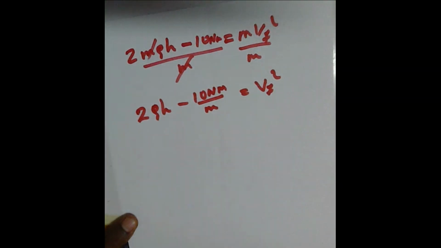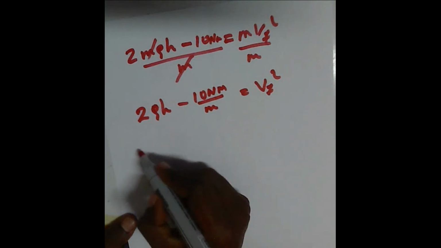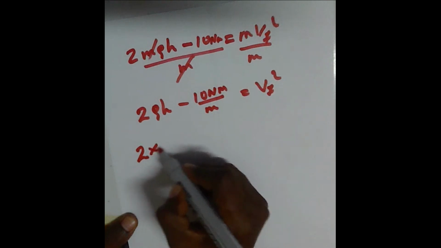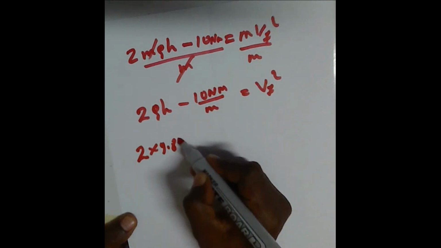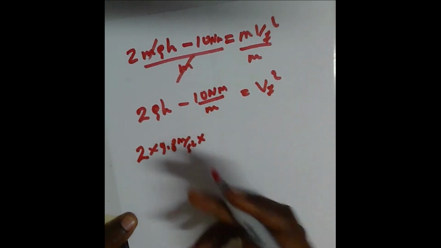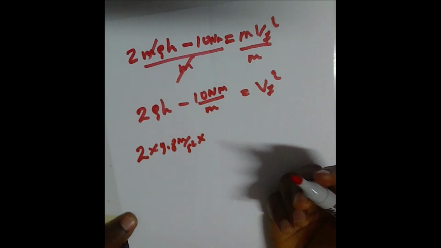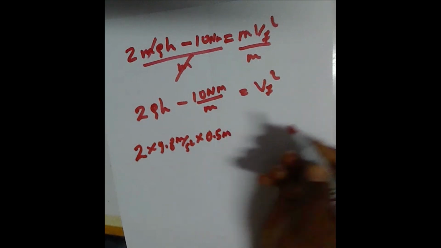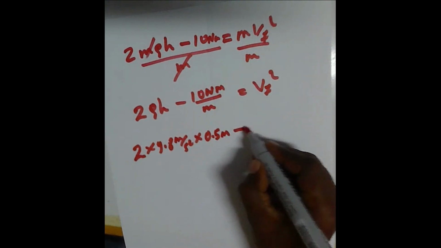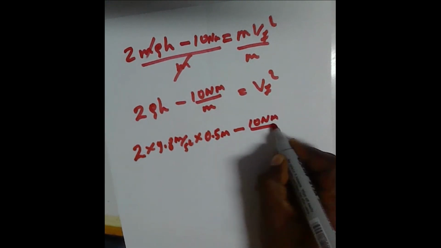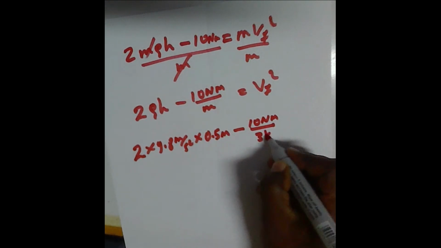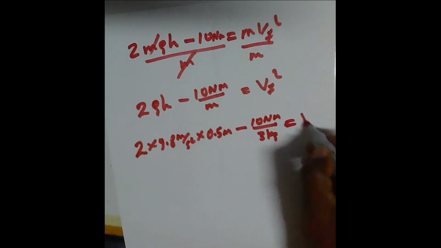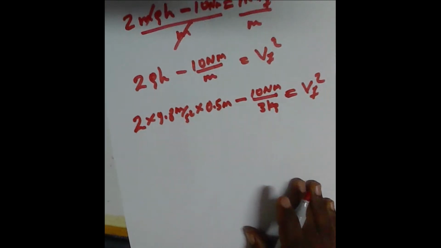We know the mass is 3 kg, therefore 2 multiplied by 9.8 meter per second square, multiplied by the height, which is already given, 0.5 meter, minus 10 Newton meter divided by the mass, which is 3 kg, is equal to v final square.